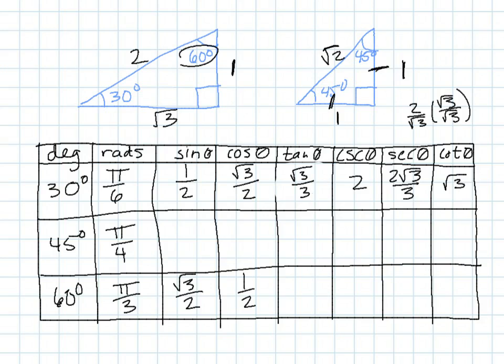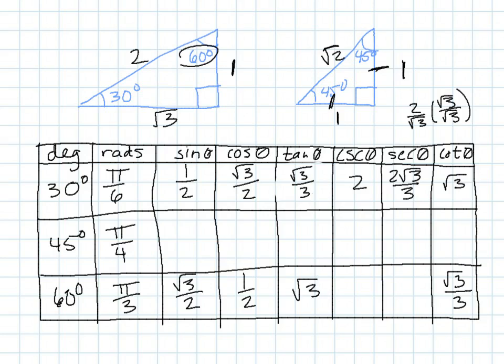So here, all of the values are going to be interchangeable. So square root of 3 over 3 for tangent of 30 is going to be the same thing as the cotangent of 60 degrees, and the tangent of 60 degrees will be the same as what the cotangent of 30 degrees was.